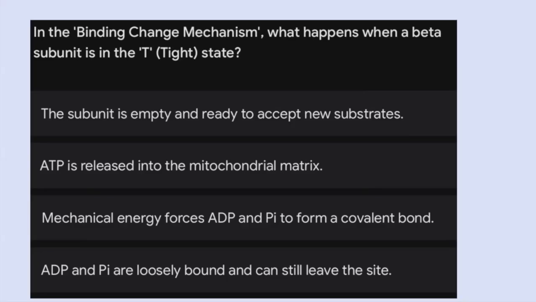What's your answer, guys? C, right. Because it's tight, it's going to force them to bond, and then when it's loose, we can release things. Next.